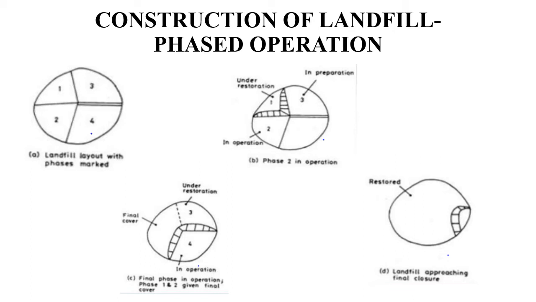The next day you will have some amount of material dumped over it, then again it will be covered with a daily cover. This happens up to the desired height of construction in that sub area. Finally you will seal off that sub area or phase 1 by providing an intermediate cover.